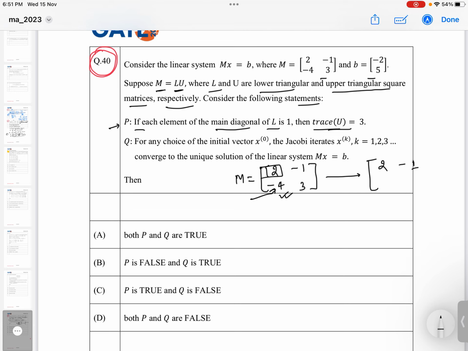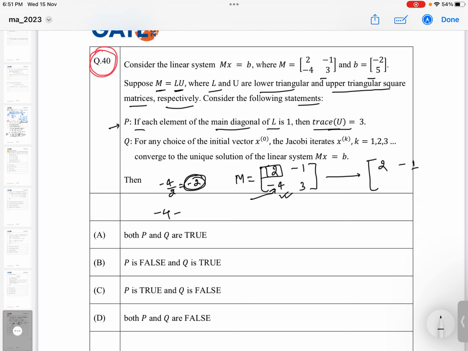What will be the multiplier? The multiplier will be -4 divided by 2, that is -2. So we multiply the first row by -2 and subtract it from the second row.